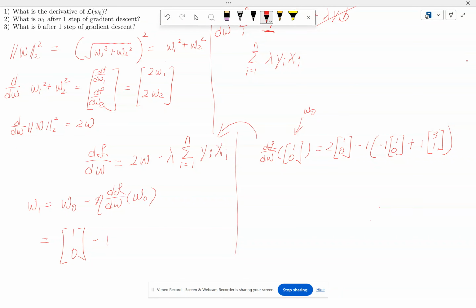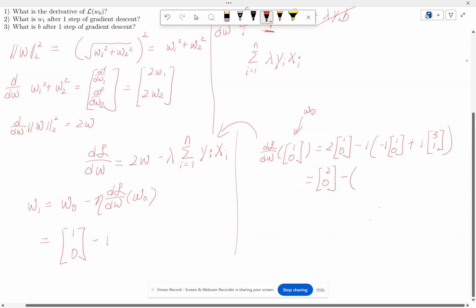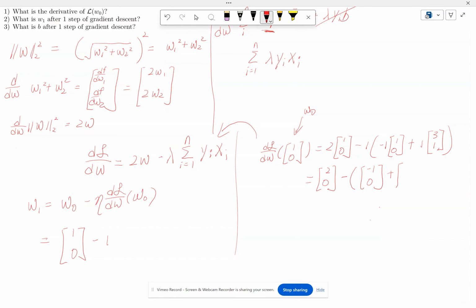So this is equal to 0 minus 1, 0 plus 3, 1. Let's see, did I do anything wrong? That looks right. Okay, and then let's combine it again.